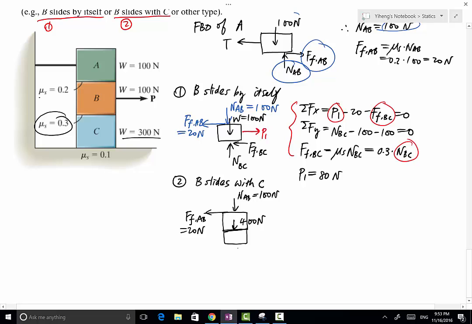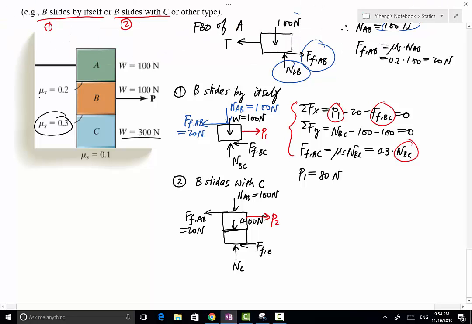And now at this bottom, we have the NC, which is the normal force from the ground to block C. And because BC together have this impending motion to the right with respect to the ground, the frictional force FC here is to the left. And then don't forget the applied force P2 that we need to solve for.